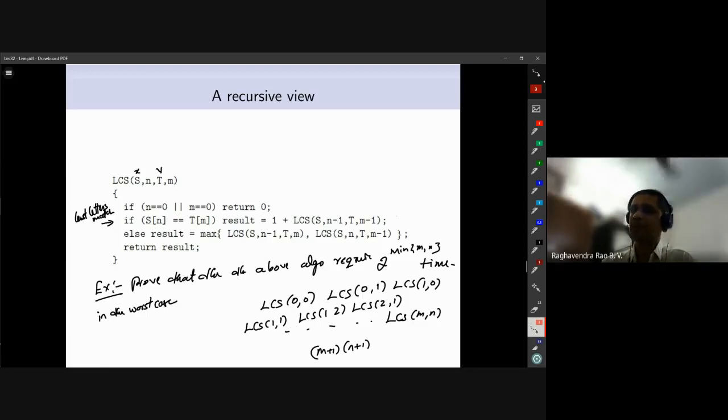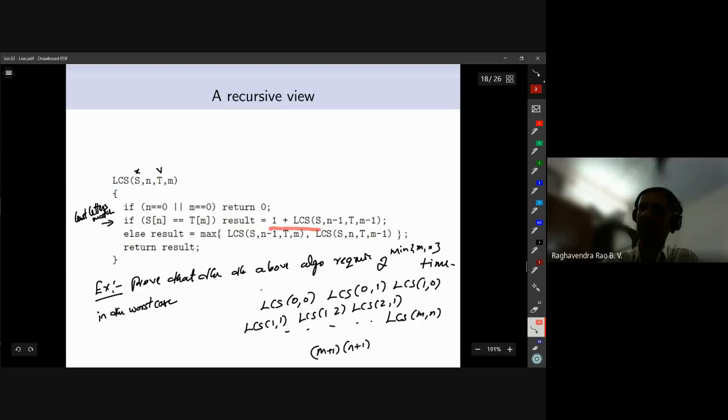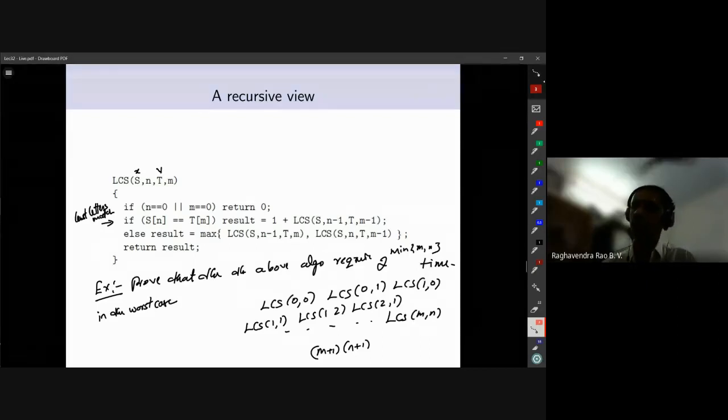But what we want is that once it is called for the first time, the value is stored so that you reuse it every time it is called next. A simple way to do this is to have a two-dimensional array, which stores values as and when they are available. So once I get the result, say LCCS n, m, I'll store it. Next time in future, if I want LCCS n, m, I can use that.